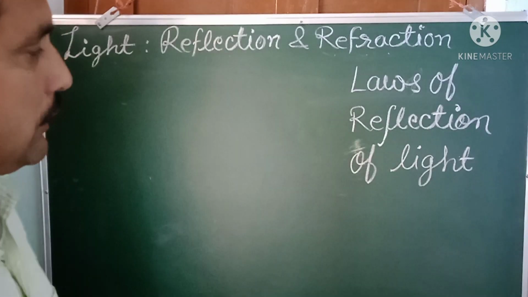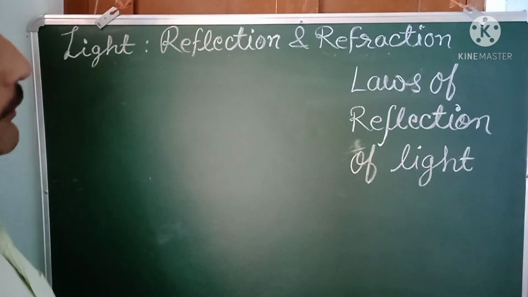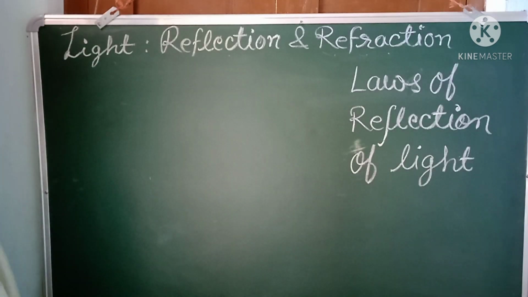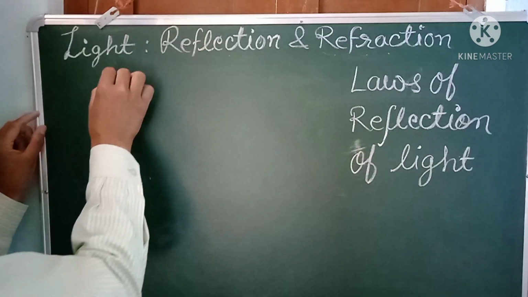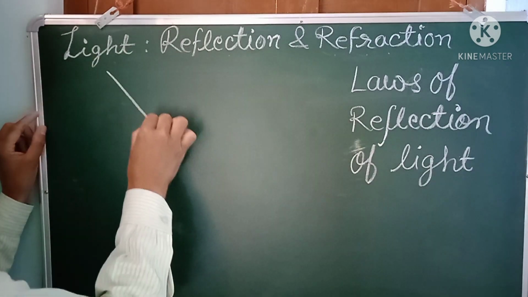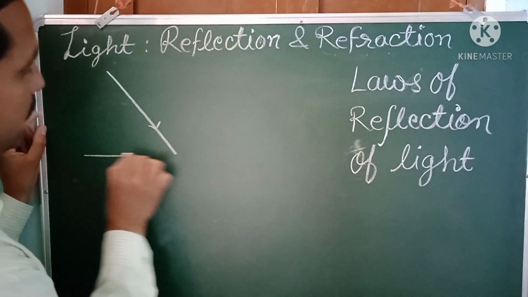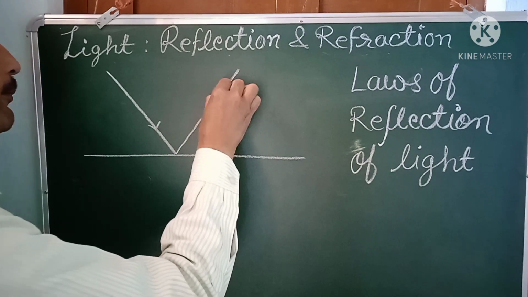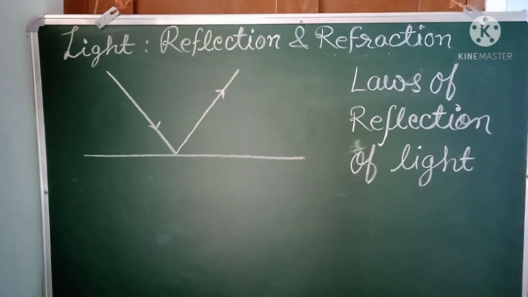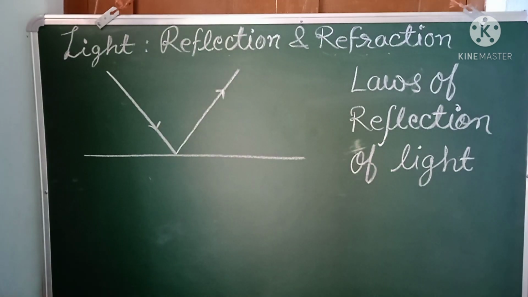Our topic is laws of reflection of light. What is reflection? Whenever a light ray strikes a bright surface of any object, it goes back in the same medium. It's called reflection. Now, what are the laws of reflection?